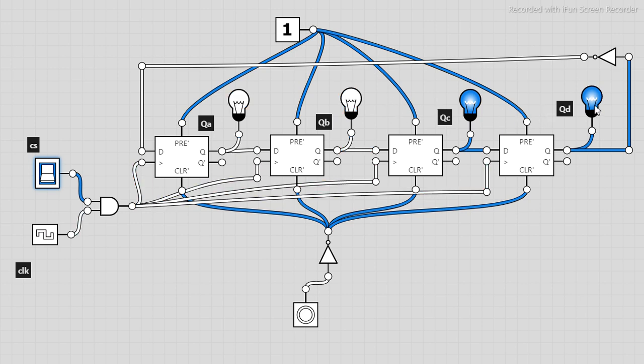The complement of the last output goes to the first input, and the first flip-flop is shifted to the next, the second is shifted to the third, shifted to the fourth. It can continuously happen.